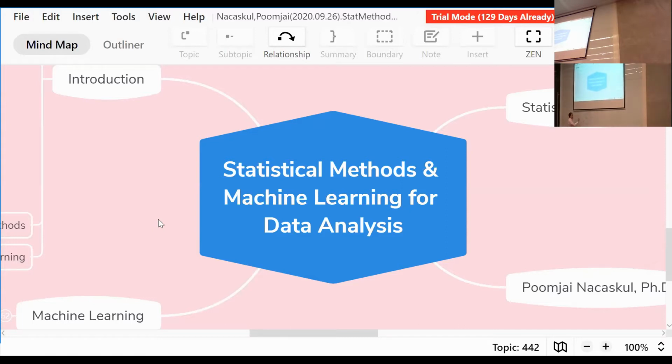So I'm going to cover a little bit, not only the coverage, in that problems that can be handled under the statistical method are a subset of those that can be handled by machine learning. But there are also types of problems that tend to be over here.